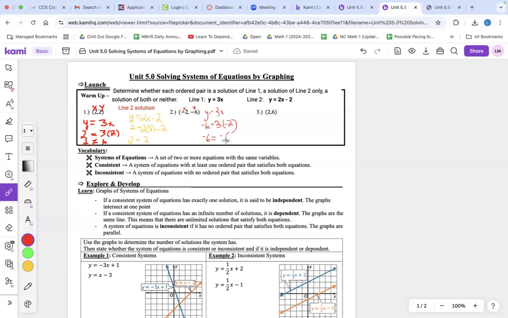Let's see if it's also a solution for line 2. So we have y equals 2x minus 2.